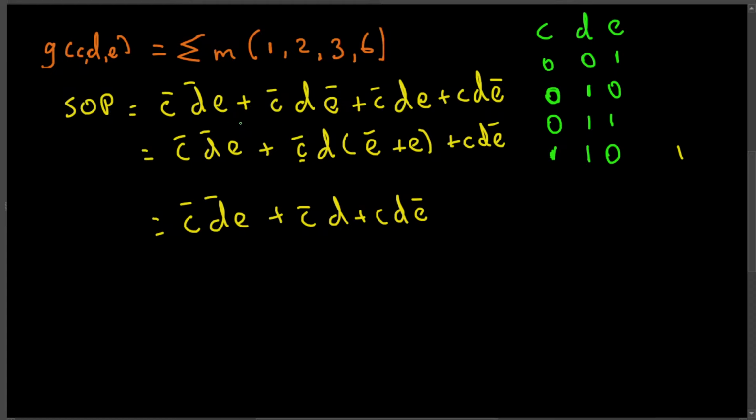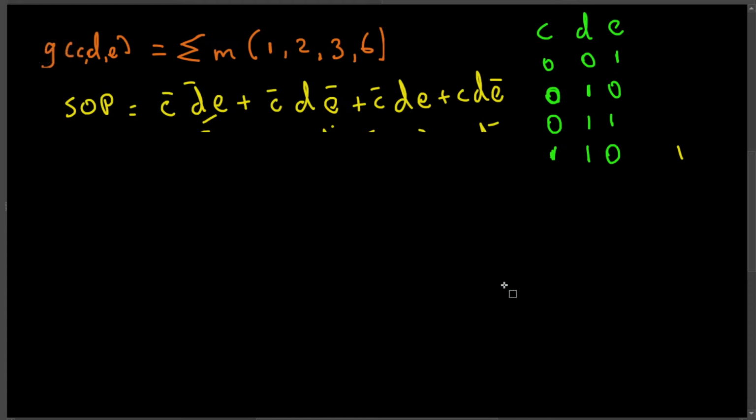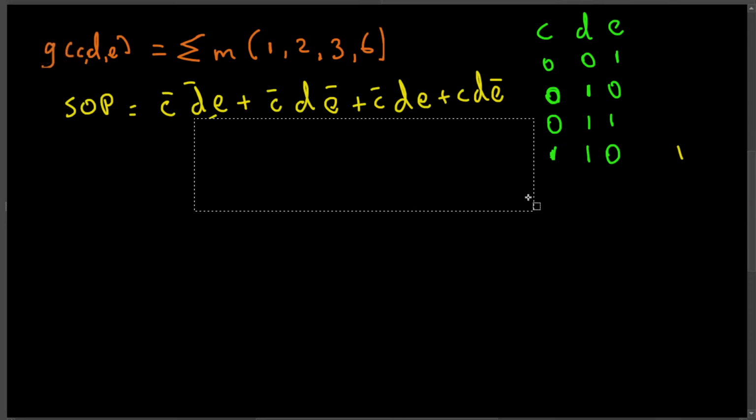Okay, you know what? What if I take C complement E common? Seems like I can take C complement. Okay, let's rearrange this one first. I'm trying to get the same pattern back because there are multiple possible answers you can get. I'm trying to get the exact same answer we derived before.